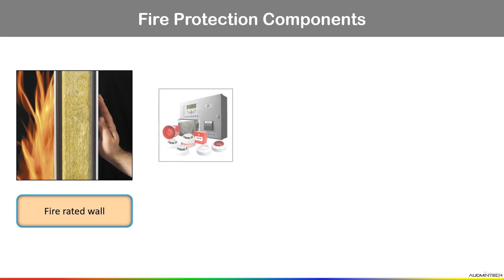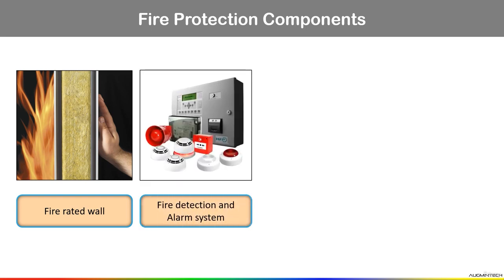Now the second component is the fire detection and alarm system. The aim of this system is to give an early warning that the building has a fire and to allow people to get out of the building.